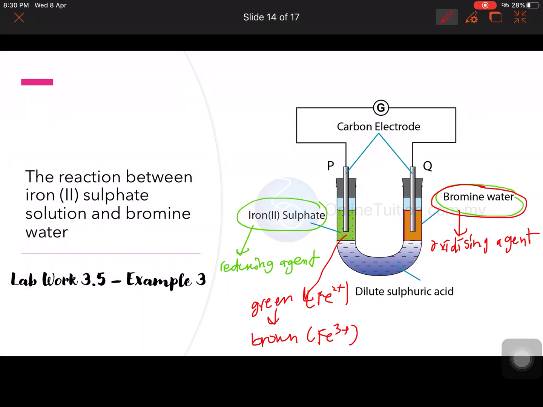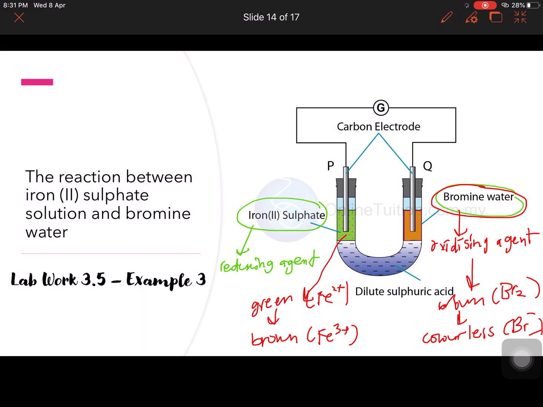For this one, bromine water is brown. Tengok color dia brown. Dan bila dia jadi Br-, do not have color already. So it is colorless Br-. Okay, itu adalah observation. So settle step 2.